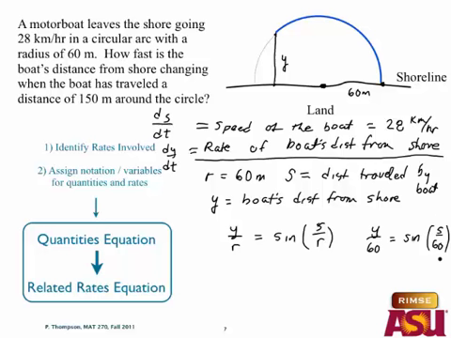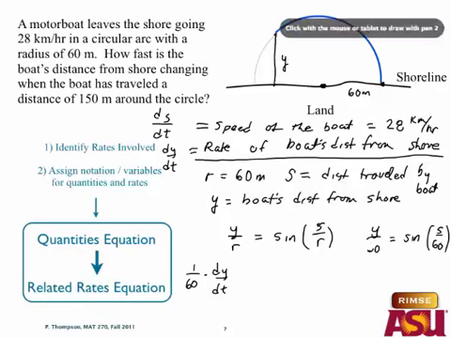So we're going to take the rate of change of every term with respect to t. So what is the rate of change of y over 60 with respect to t? So it'd be like 1/60th times dy dt. So this is like 1/60th y, right? Let me rewrite it that way.